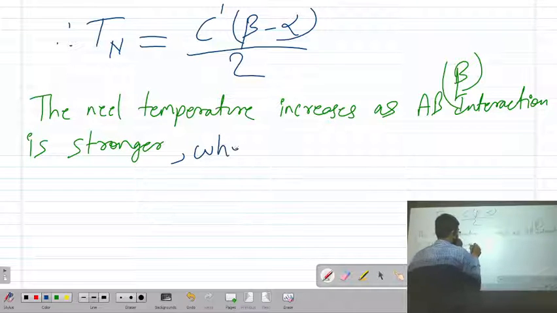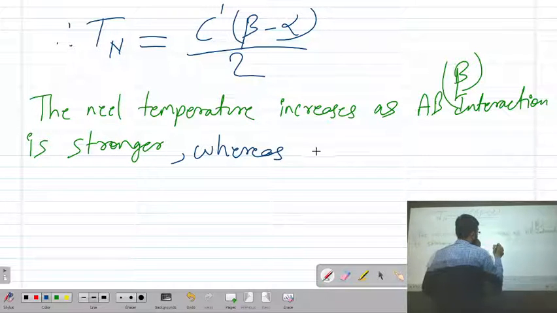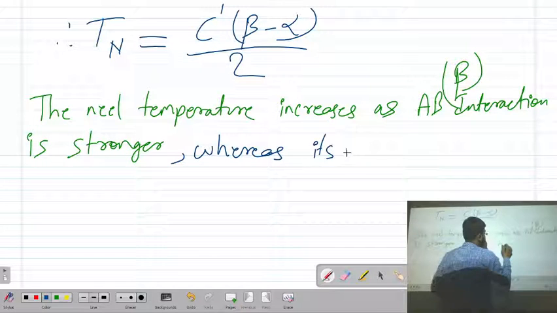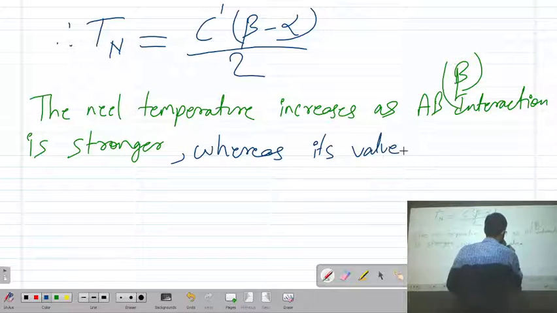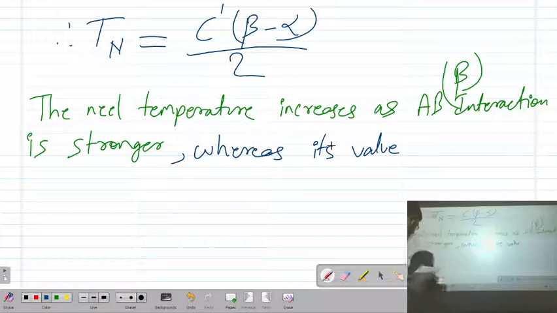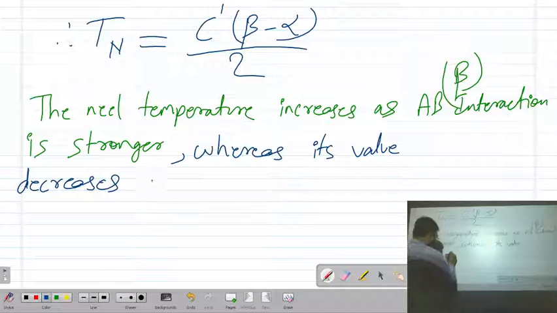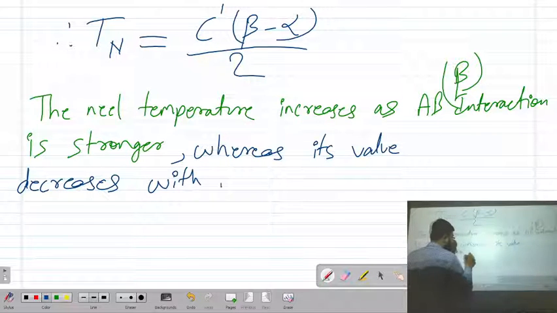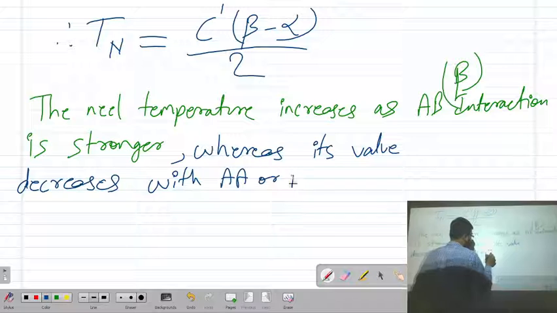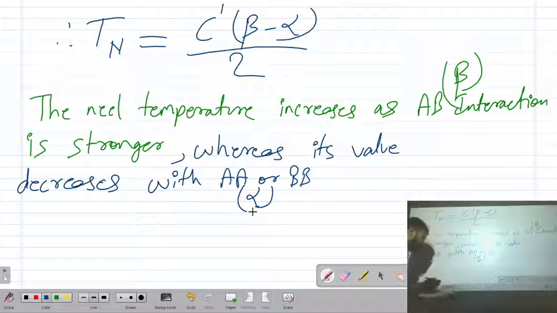Whereas its value decreases with AA or BB, that is the alpha interaction.